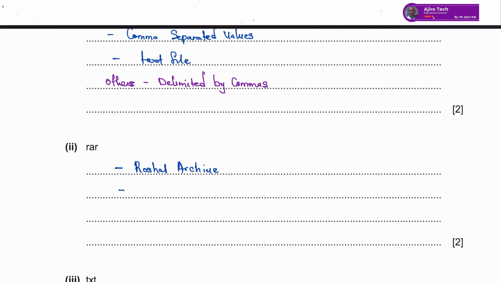So it is a container that holds almost any file type in a compressed format.